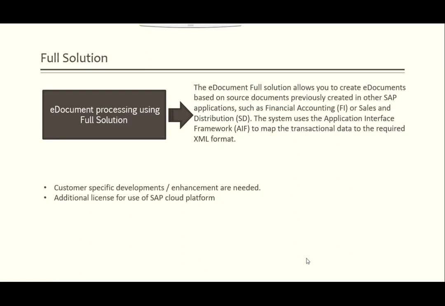That means it extracts the information from the source document, that is financial accounting and sales and distribution. It formats the file, it transmits the file, as well as it helps us to get the approved file, and it also updates the status in the eDocument cockpit. To use the full solution, we need an additional component or additional application called SAP Cloud Platform Integration.